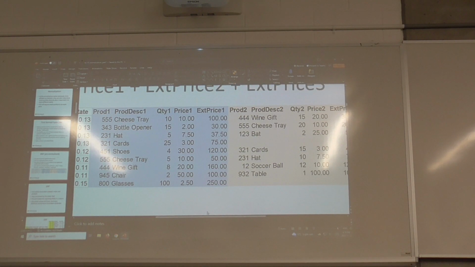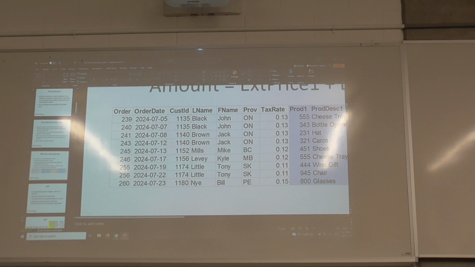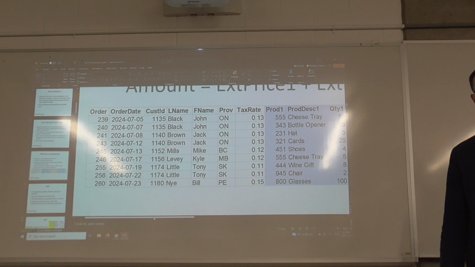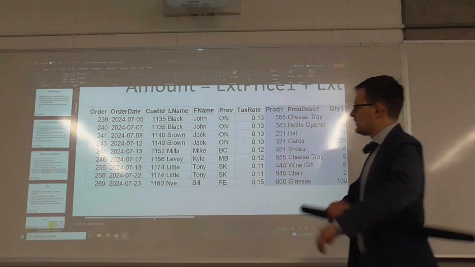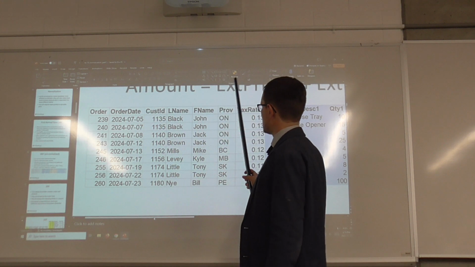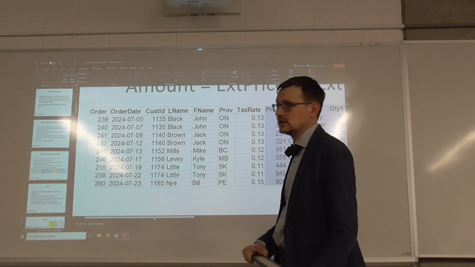Okay, this is going to be our running example for a bit. What we have here is a table of purchase orders, right? We have order number, order date, customer ID, last name, first name, province, tax rate.